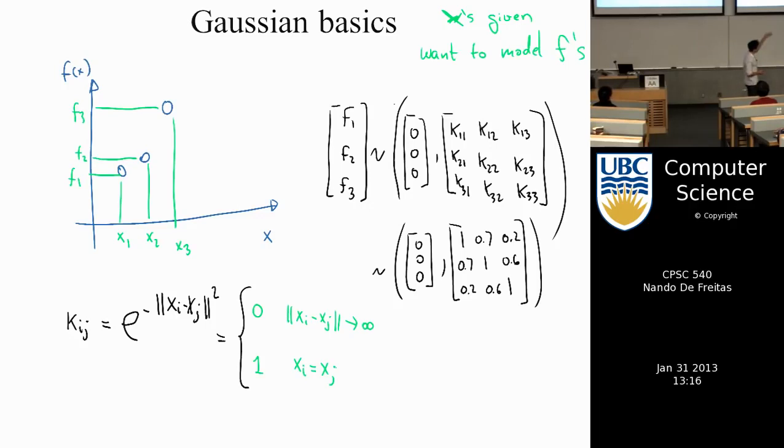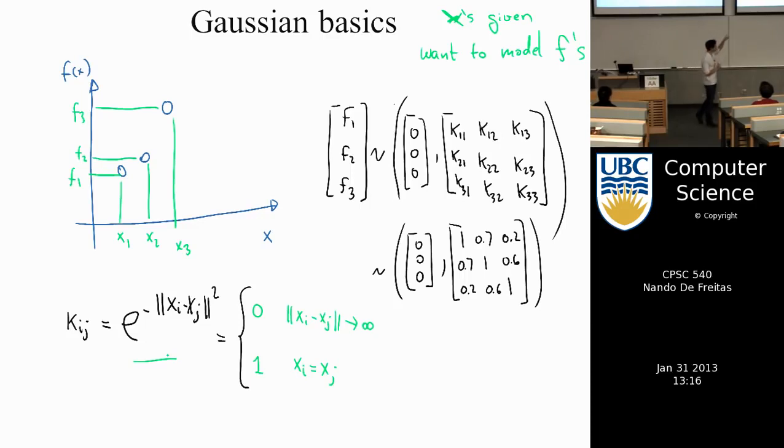I haven't proven it. There's a bit of math that could prove that this leads to an SPD matrix. But it certainly will give me a matrix that will have the shape that I want, where points that are nearby are more related to each other than points that are far apart. And so if I were to fill the matrix using such a function, I would come up with a good model to describe that cloud of points, or at least describe their heights.